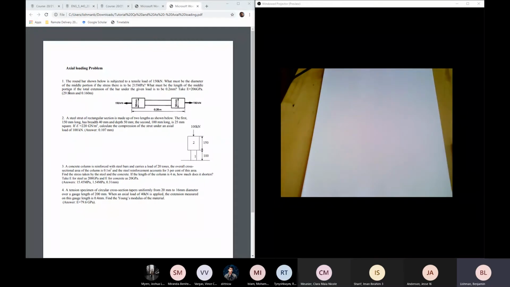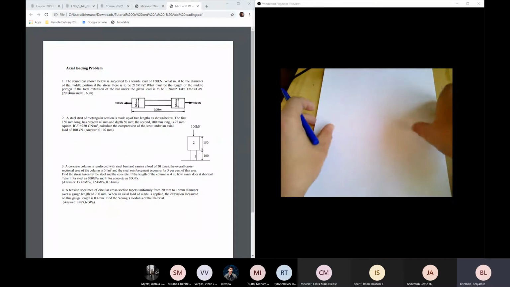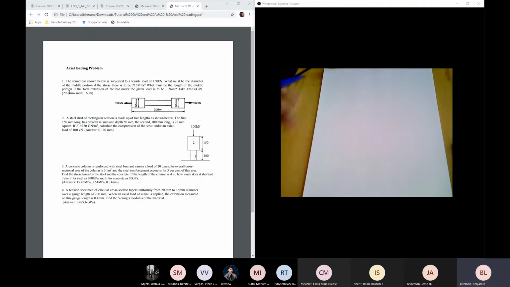The total extension of the bar should be 0.2 millimeters. So this is like B, and what it's really saying, I guess, is delta L, the change in length, is 0.2 millimeters. And that's sort of two changes in length.